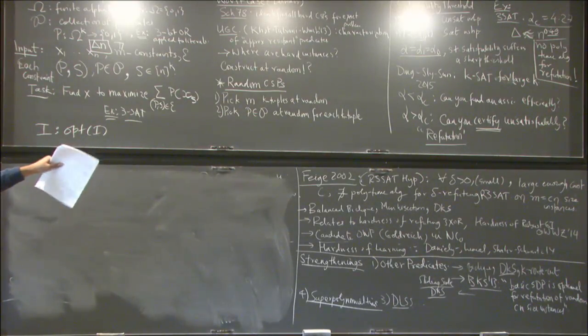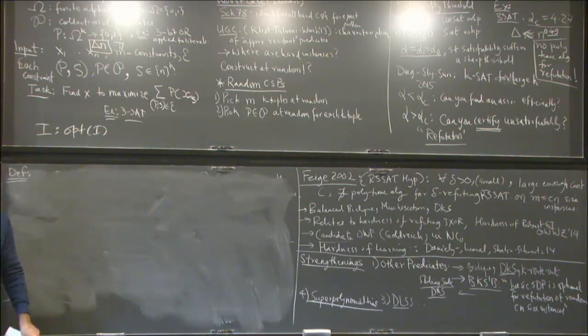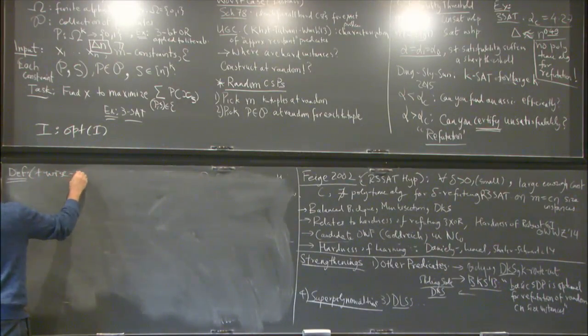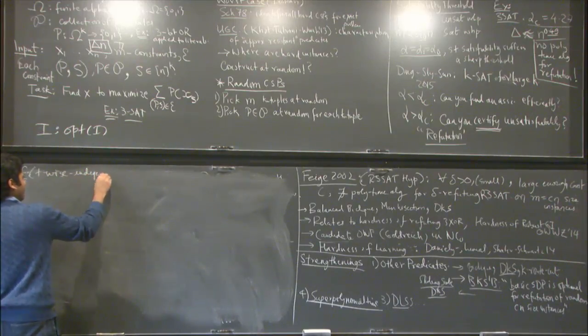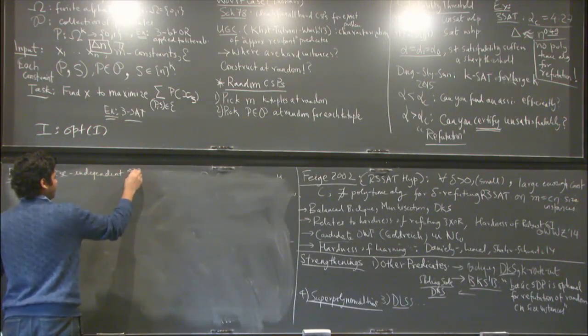Okay, so moving on along this direction of what we know about the refutation problem in terms of the sum of squares SDP, I want to make this definition, which is an important definition to describe what's known. It's t-wise independent CSPs, or let's say just predicates.